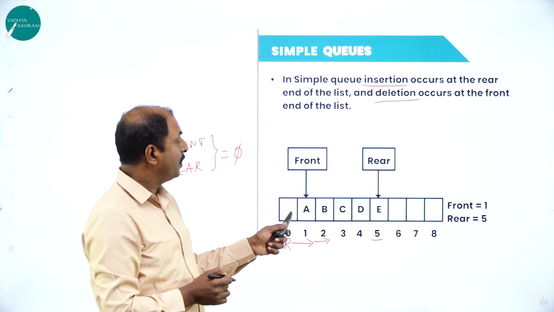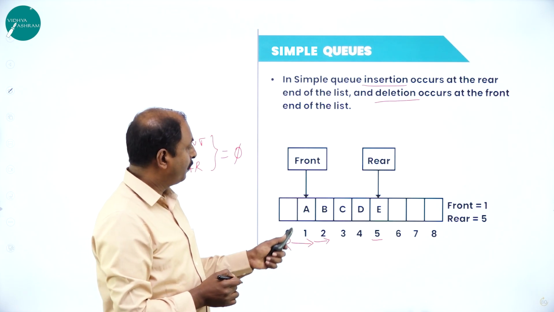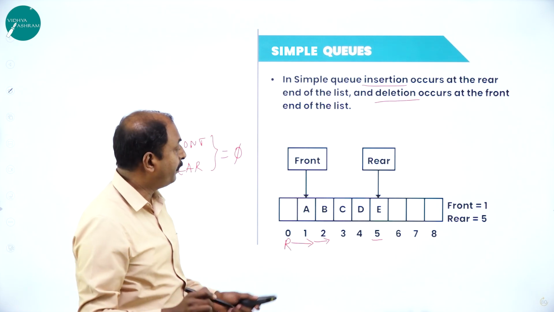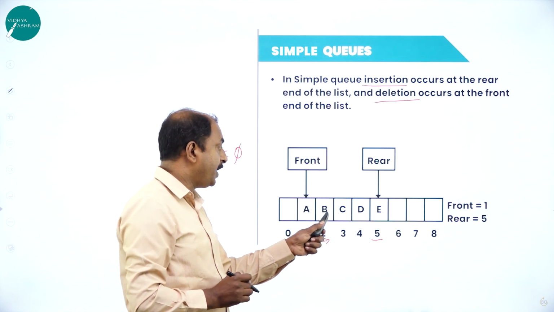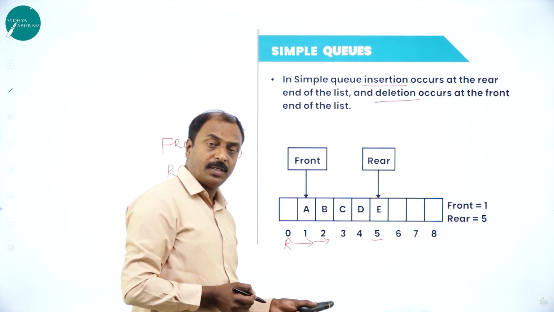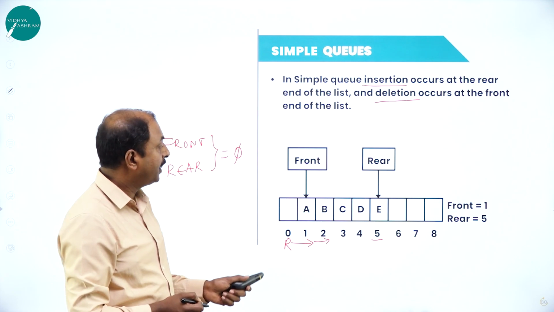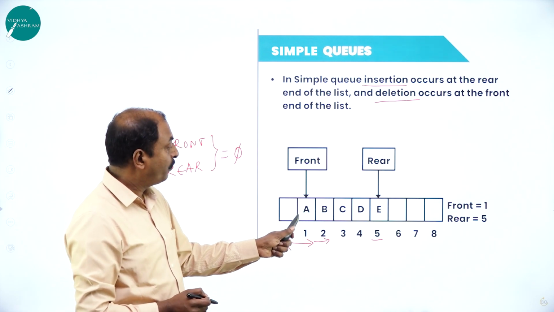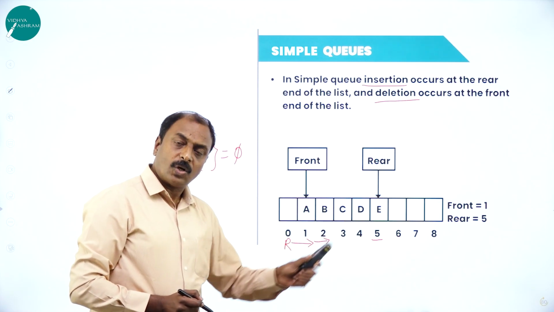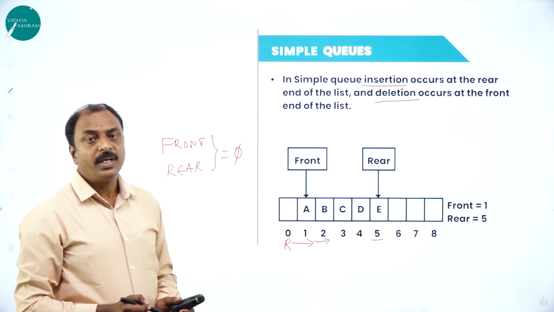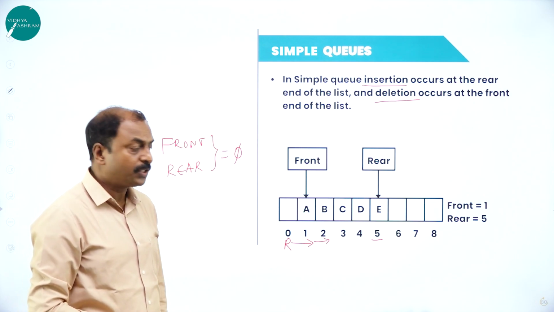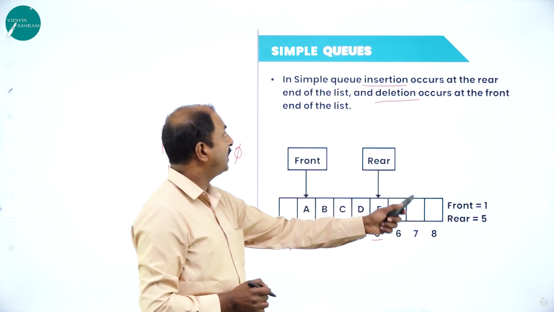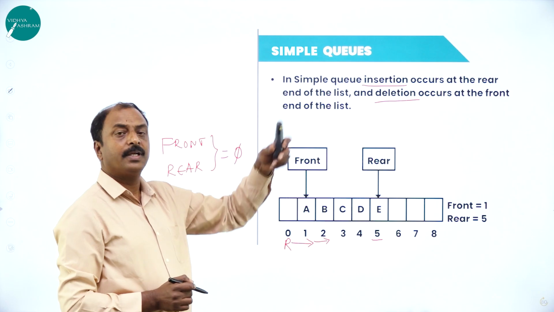That is the meaning of first in, first out, because we inserted the first element A, then B, C, D, E, and so on. As per the definition, A is the element to be removed from the queue. This is the concept of FIFO, first in, first out. So this is an example of a simple queue.